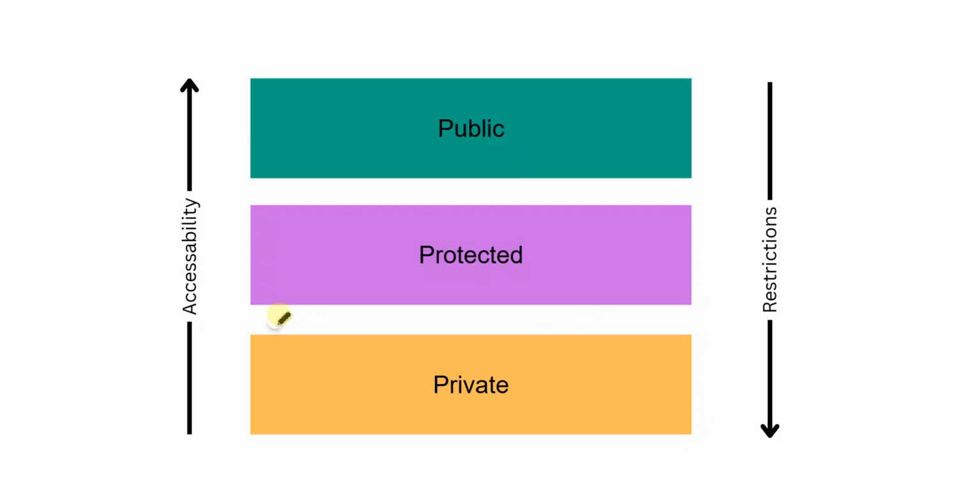We declare some data members or functions as public, some as protected, and some as private. The reason for declaring them as public, protected, or private is that we are controlling the access. We are controlling who will be able to access those members and who will not.